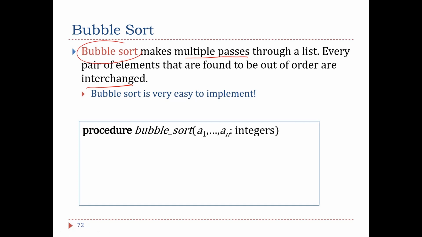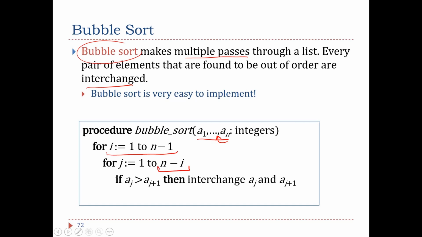If we want to sort those elements, simply we make two nested loops. A first loop to iterate over the indices from 1 to n minus 1, actually, and another loop to iterate from 1 to n minus i.